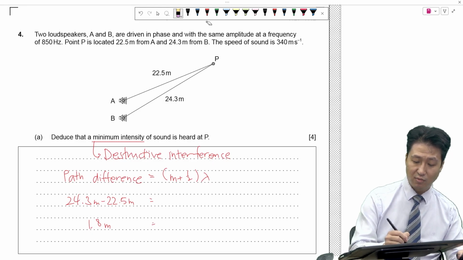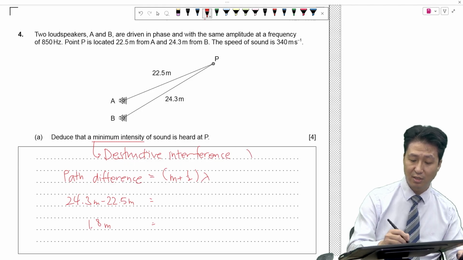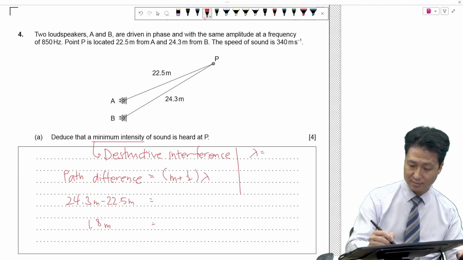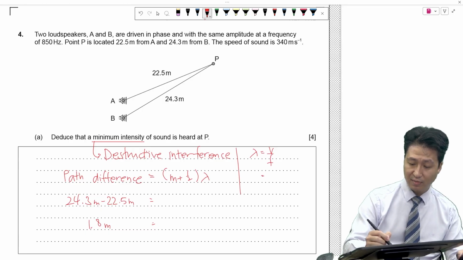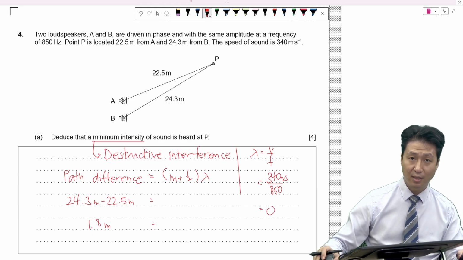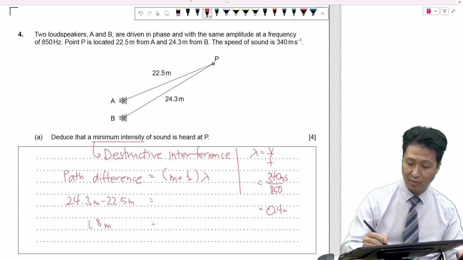Next, we have to check if this is true, and for that we need to know the wavelength. The wavelength would be the velocity divided by the frequency, which is 340 meters per second divided by a frequency of 850 hertz. And that yields a wavelength of 0.4 meters.